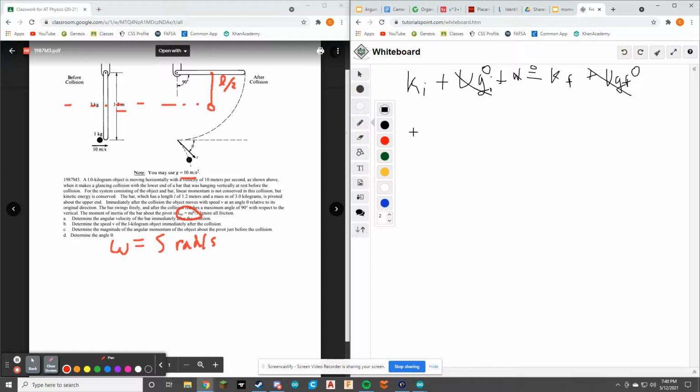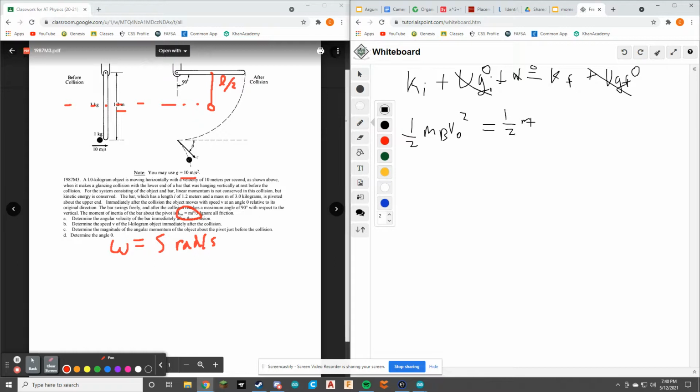Initial kinetic energy is just the ball, which is 1/2 m v naught squared. Final kinetic energy is both the ball and the rod.